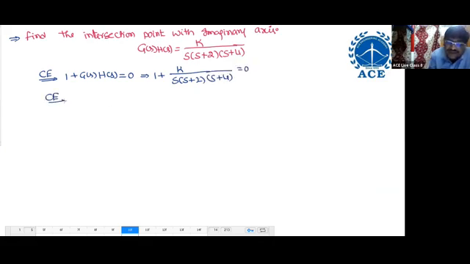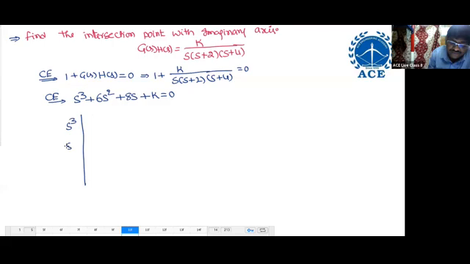Then what is the characteristic equation? s cube plus 6s square plus 8s plus K equal to 0. Now get the answer.